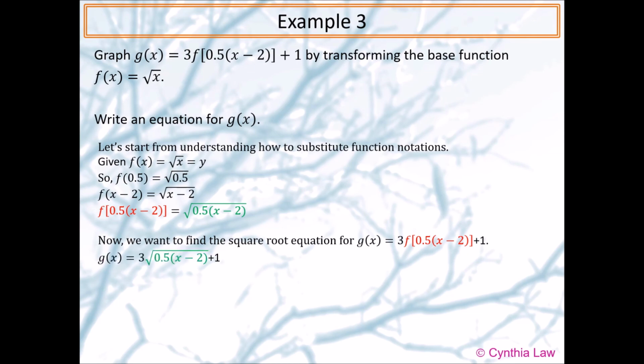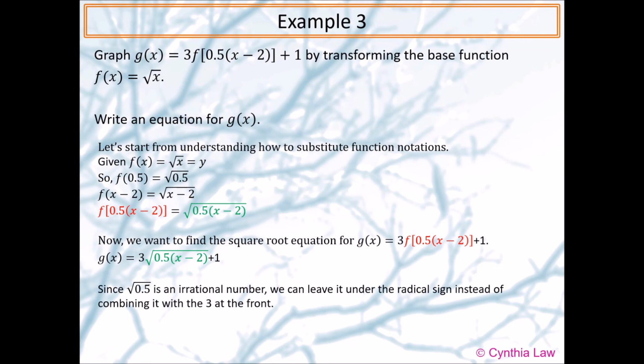So we have 3 times square root of 0.5 multiplied by bracket, x minus 2 close bracket, everything underneath the radical sign, and then plus 1. So since the square root of 0.5 is an irrational number, we can leave it under the radical sign instead of combining it with the 3 at the front and end up with some decimal values that have to be rounded.